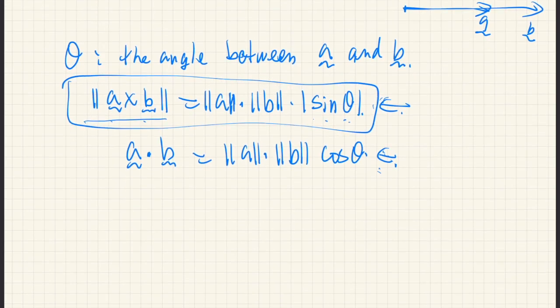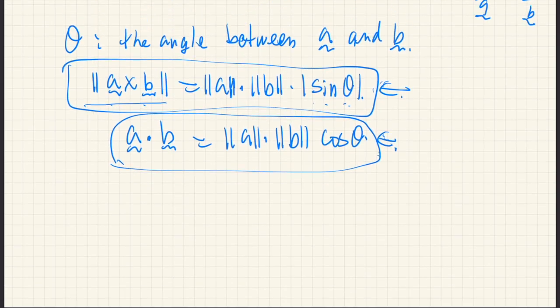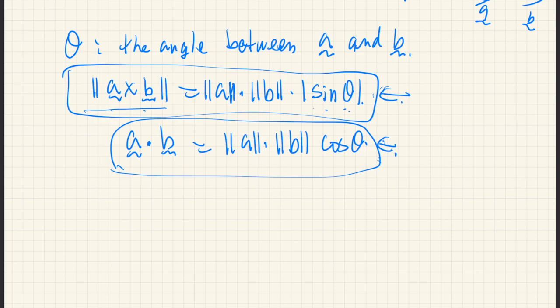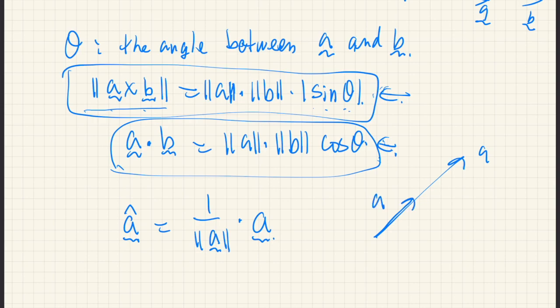We first start from here. Okay, and then we define a unit vector A hat by this: 1 over norm of A times A. Okay, so that means if we have a vector A, then A hat is something like this. A hat is this. The length is 1.